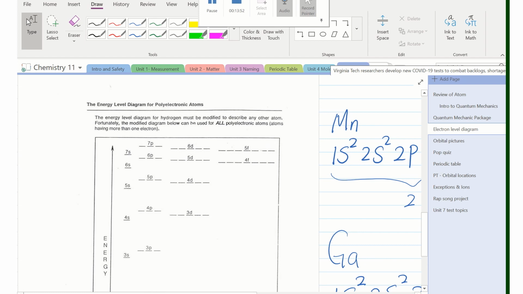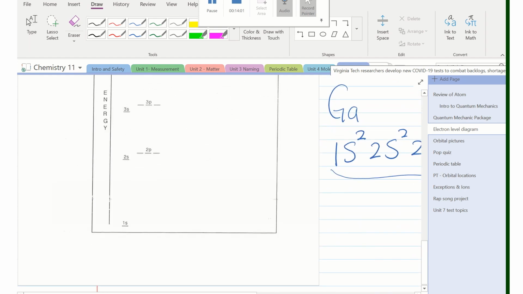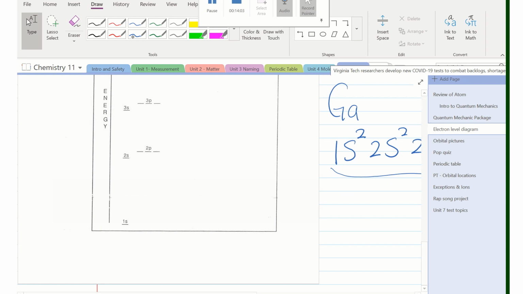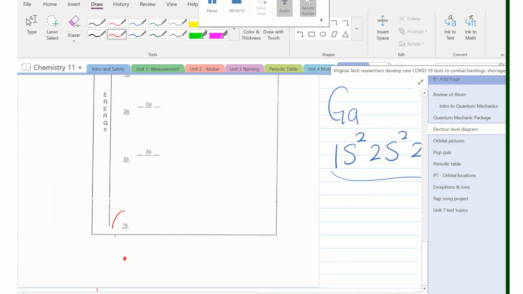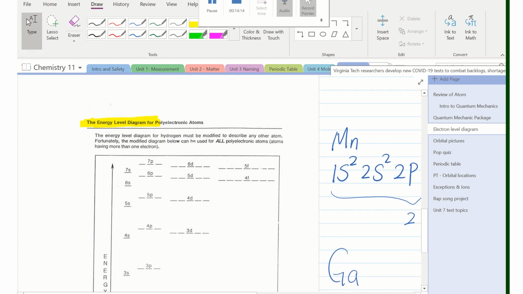This is the energy level diagram for atoms with multiple electrons. Imagine the nucleus is somewhere down here. The lowest energy level is the 1s right here, and as we go up, we reach the highest energy level.